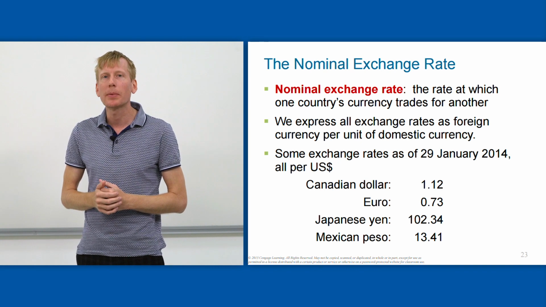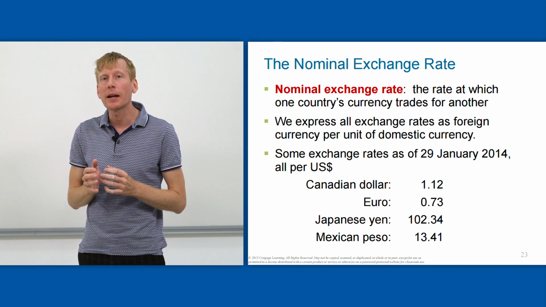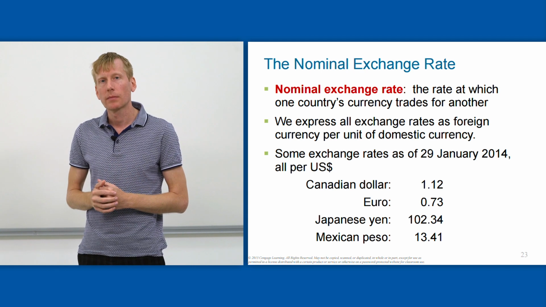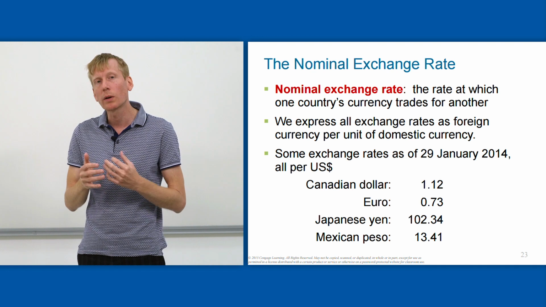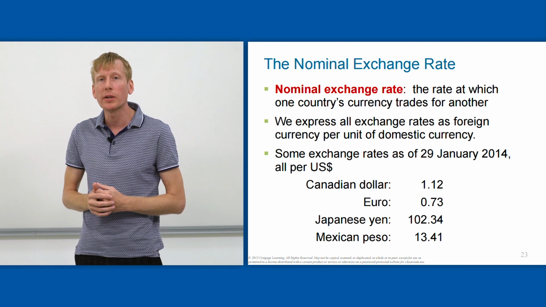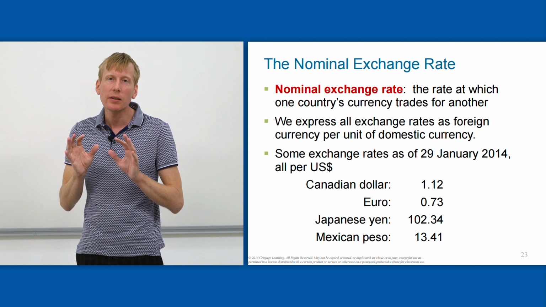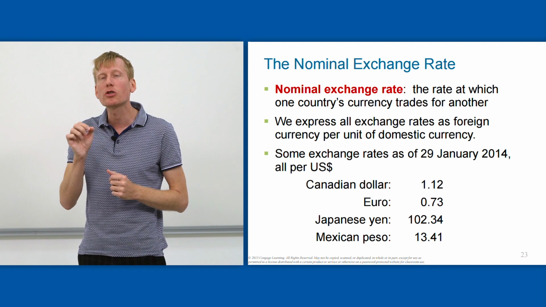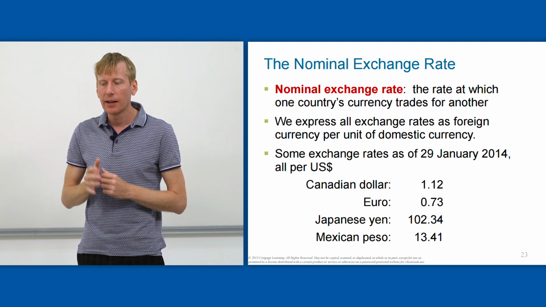It could be that the Japanese yen is able to buy more dollars than it could have a year before. Perhaps the year before, it was 105 yen to the dollar. Now it's 102.3. We wouldn't describe in either case the yen as being strong or weak, but we would say the yen is strengthening.